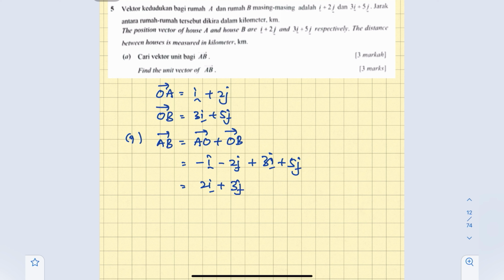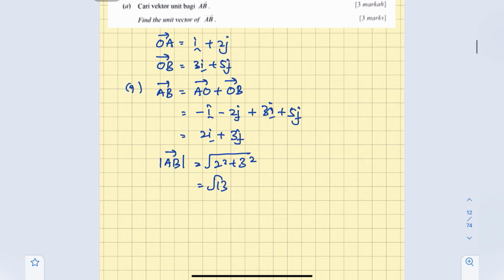This is vector AB. Now we need to find the magnitude of vector AB, using the Pythagoras theorem. So square root of 2 squared plus 3 squared, equals square root of 13. Therefore the unit vector of AB is 1 over root 13 times (2i plus 3j).